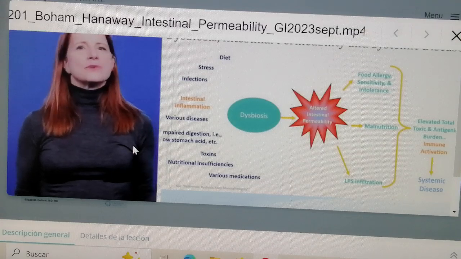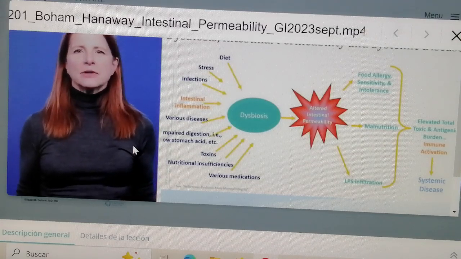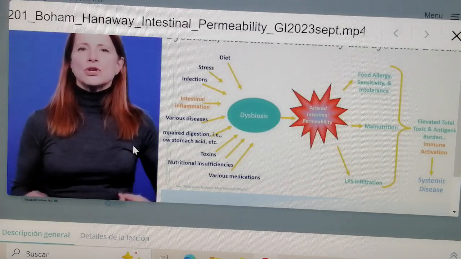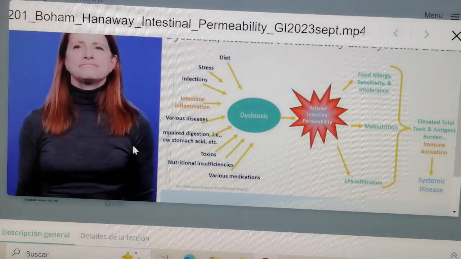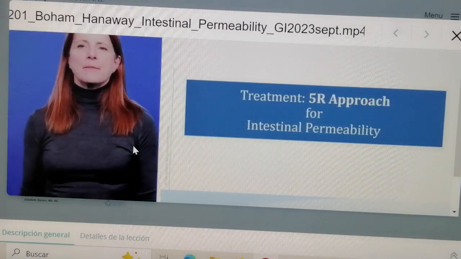And this is really where a comprehensive elimination diet can be so impactful, because when there is increased intestinal permeability, when you remove foods and pull out the inflammatory foods, that can also help things calm down. Okay, so we're going to go through the 5R program.